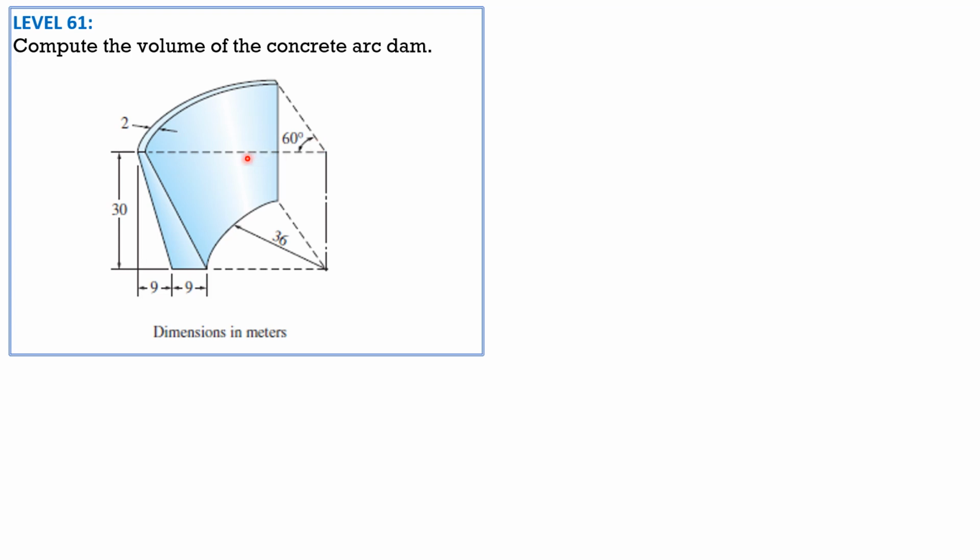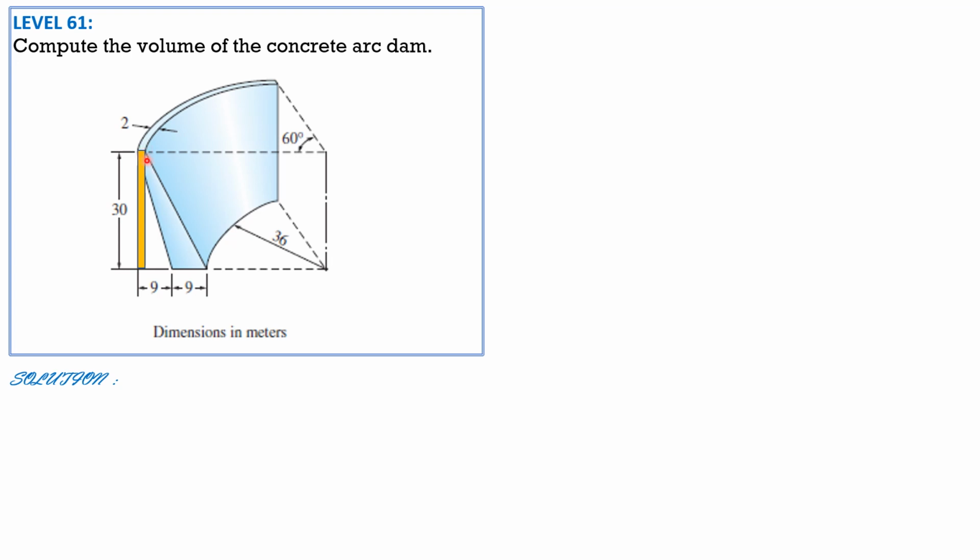So for the analysis, because this cross section is an inclined trapezoid, we consider this as a rectangle, then a triangle, then we subtract this triangle also. So volume equals volume 1 plus volume 2, then minus volume 3. Volume 1 is the volume generated by revolving this rectangular section.